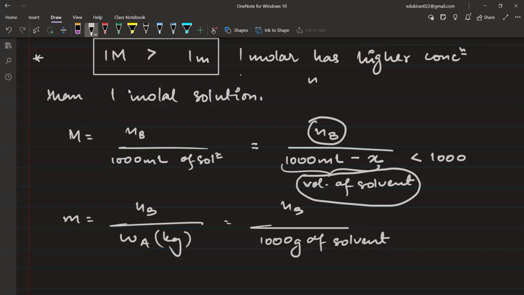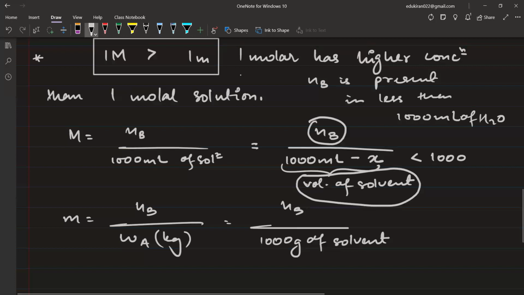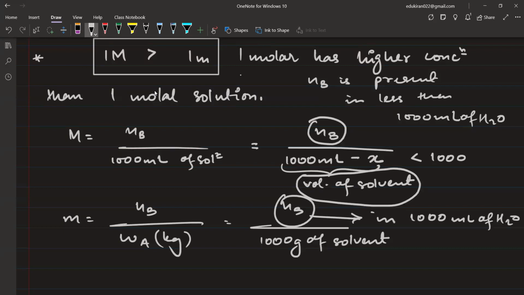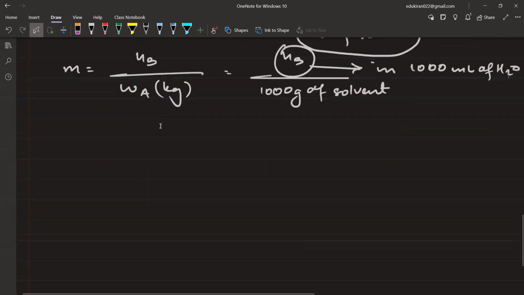Correct? NB is present in less than 1000 ml of H2O. Now, in the case of water, 1000 ml is equal to 1000 grams, right? So when we are taking 1 molal, NB is present in 1000 ml of H2O. Now we have got 2 different cases.